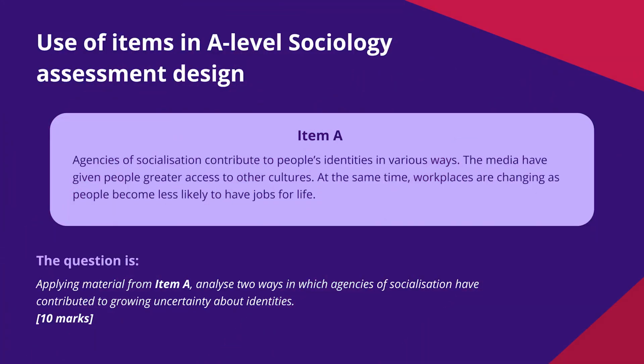Stimulus materials in the form of items are used in line with the format of the 3 A-level sociology papers. Stimulus items for sociology are text-based only and should be phrased in straightforward, accessible language. The items should serve as a prompt to students for them to address relevant issues in their answer.